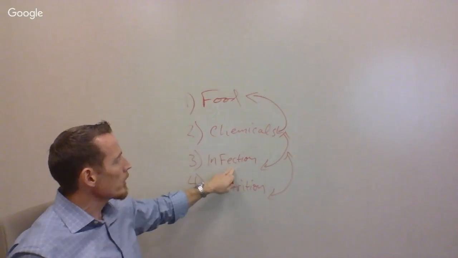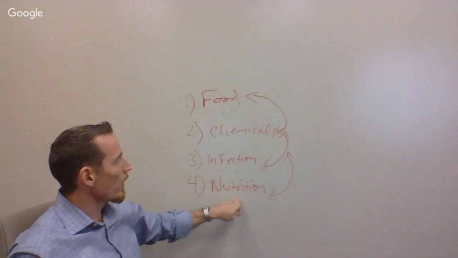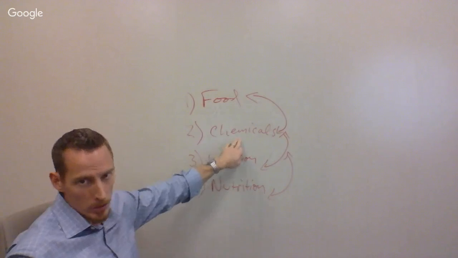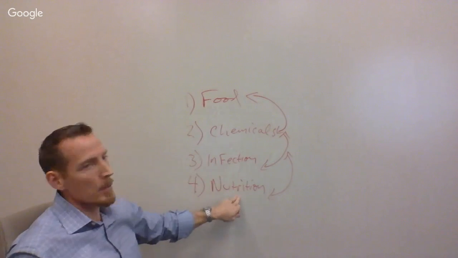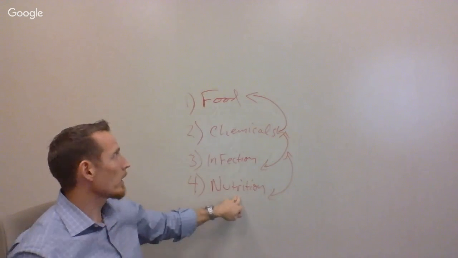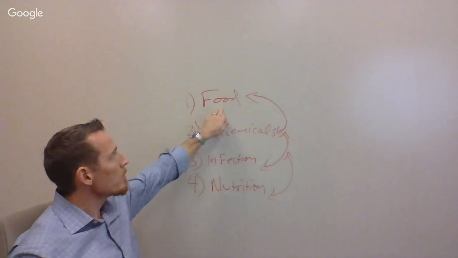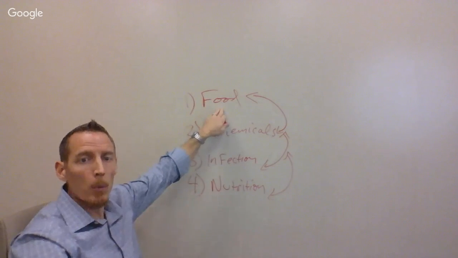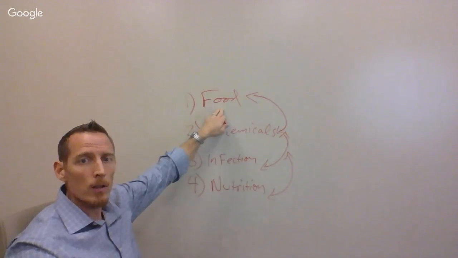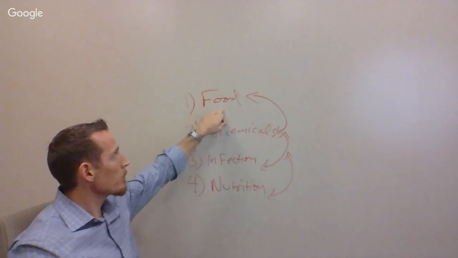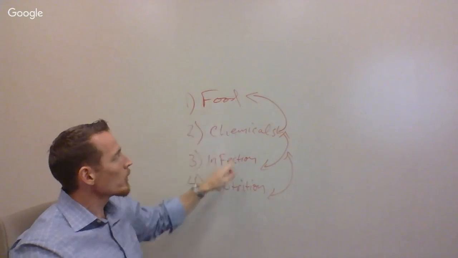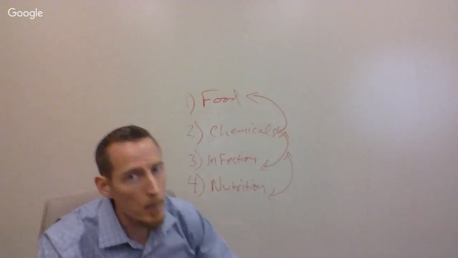Having an infection can cause vitamin and mineral deficiencies. Vitamin and mineral deficiencies can make you more susceptible to chemicals. Having vitamin and mineral deficiencies, especially something like L-glutamine or zinc or vitamin A, can make your gut develop a permeable barrier or a breach in the barrier, so you can develop a leaky gut problem, and that makes you more allergic to food.